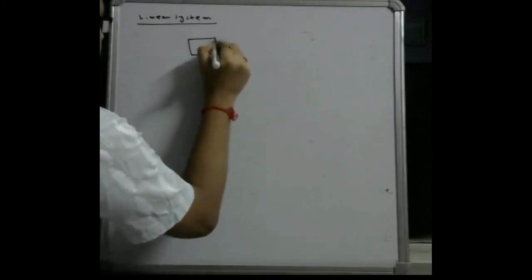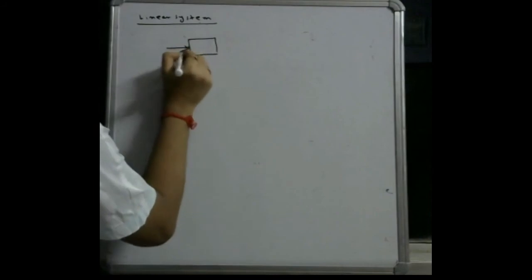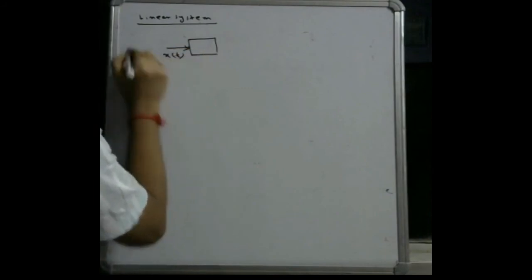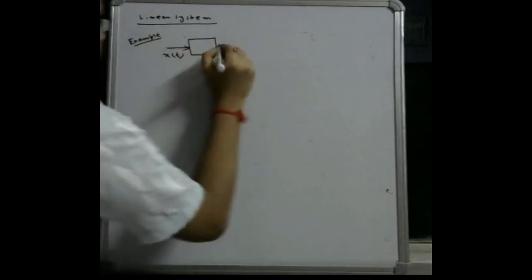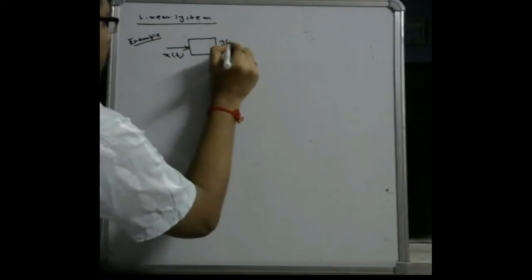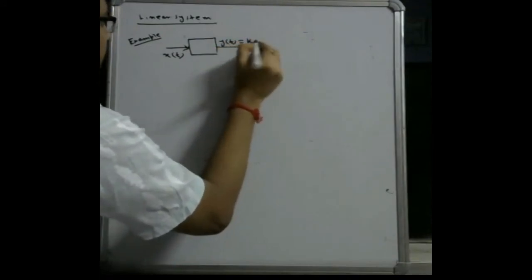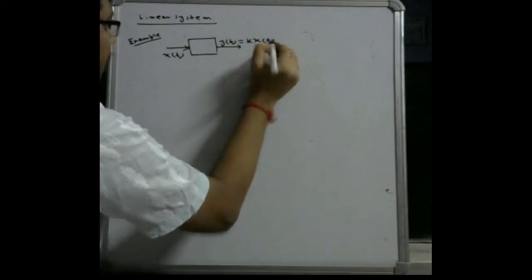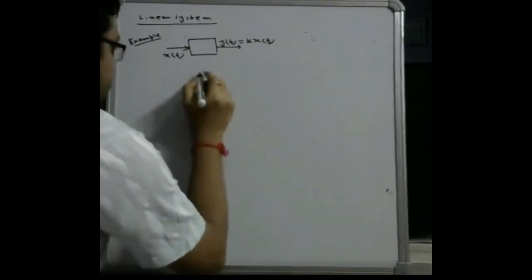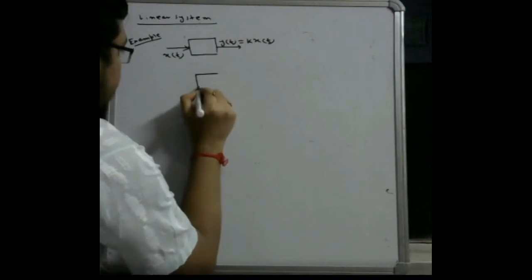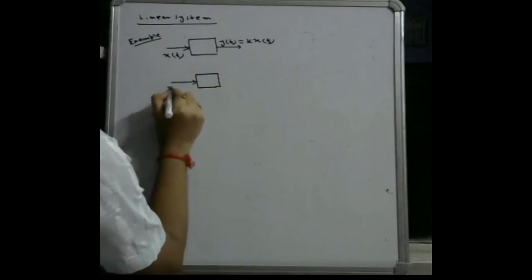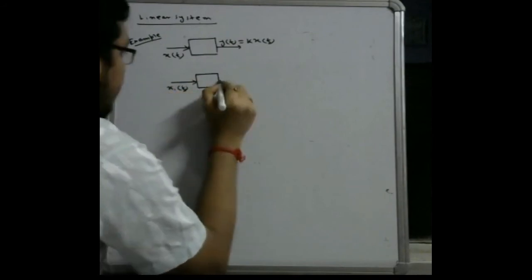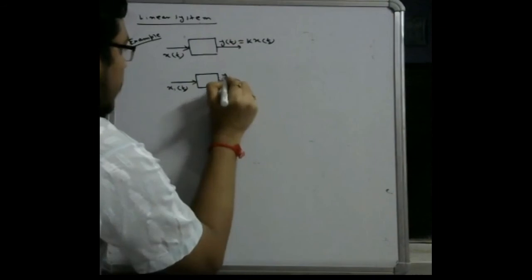Now we have a system whose input is x(t), for example, and the output is y(t). y(t) is k times x(t). Suppose this system is supplied with an input x1(t) the first time, and the corresponding output is y1(t).